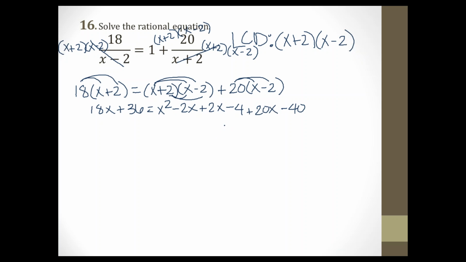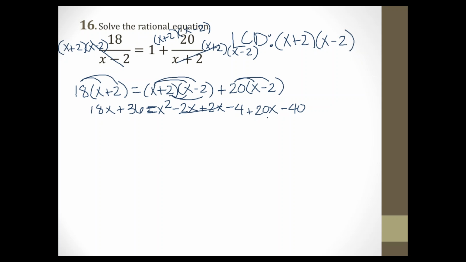So let's make sure and combine all of our like terms on each side of this equal sign. On the left-hand side, I don't have any like terms to combine, so I'm good over there. On the right-hand side, I have quite a few terms I can combine. So negative 2x plus 2x actually cancels to no x.